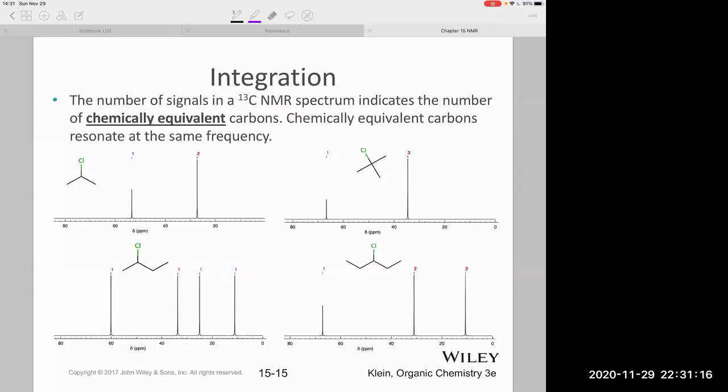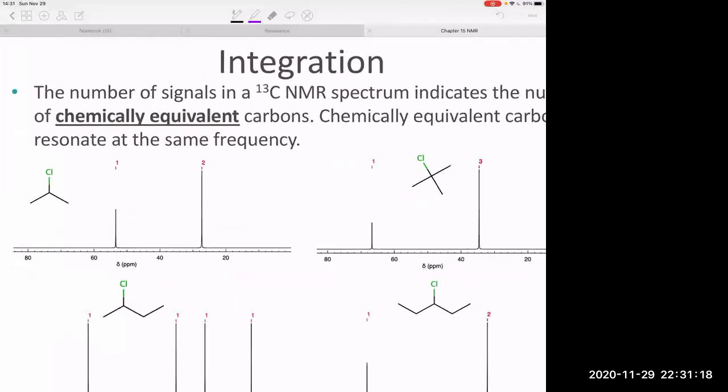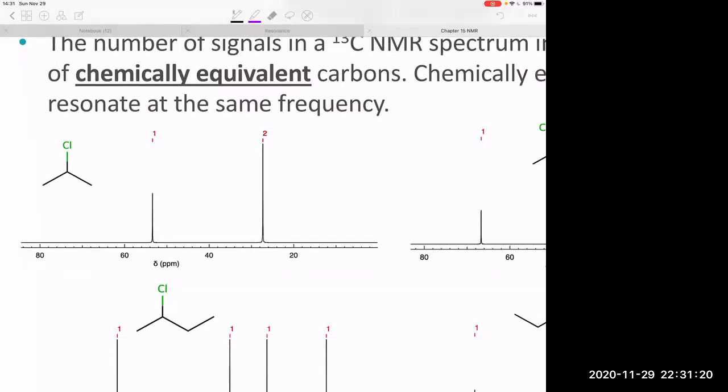So what about the integration? You might have already caught this as we were going, but now just to point out, each of these peaks, so we've established that this is chemically distinct from these two. So now the integration value tells you how many carbons correspond to that particular peak, right?